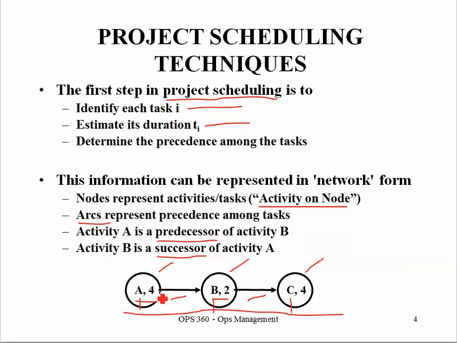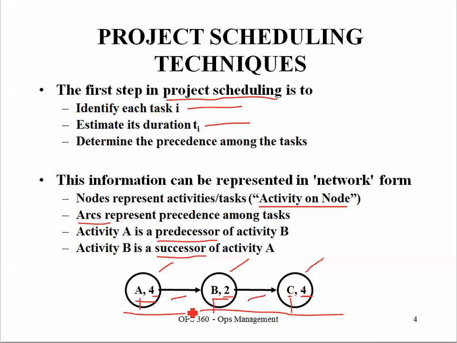The little numbers to the right of the labels of the activity represent the estimated time required to complete each of these activities. So again, if we're not talking about putting on socks and shoes, but some more general activity, suppose the first activity is going to take 4 days, the next one 2 days, and activity C is estimated to take 4 days.